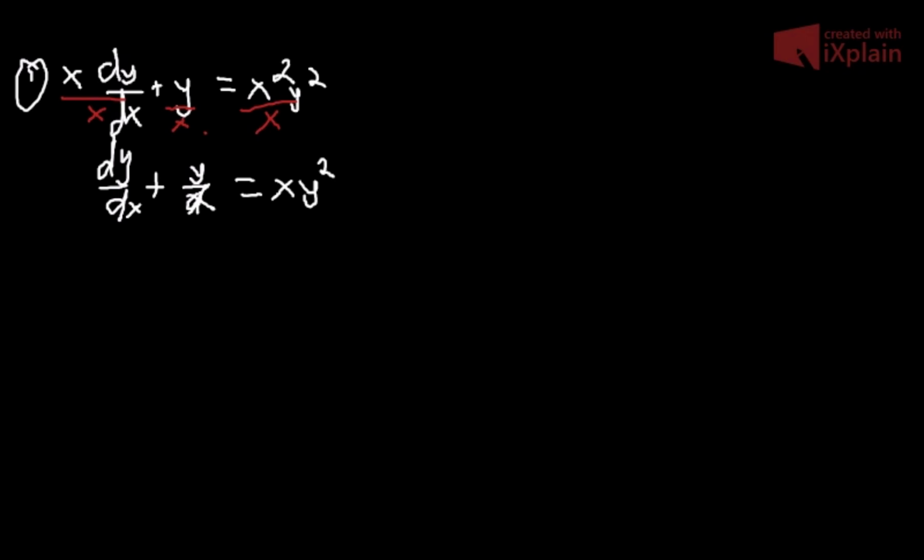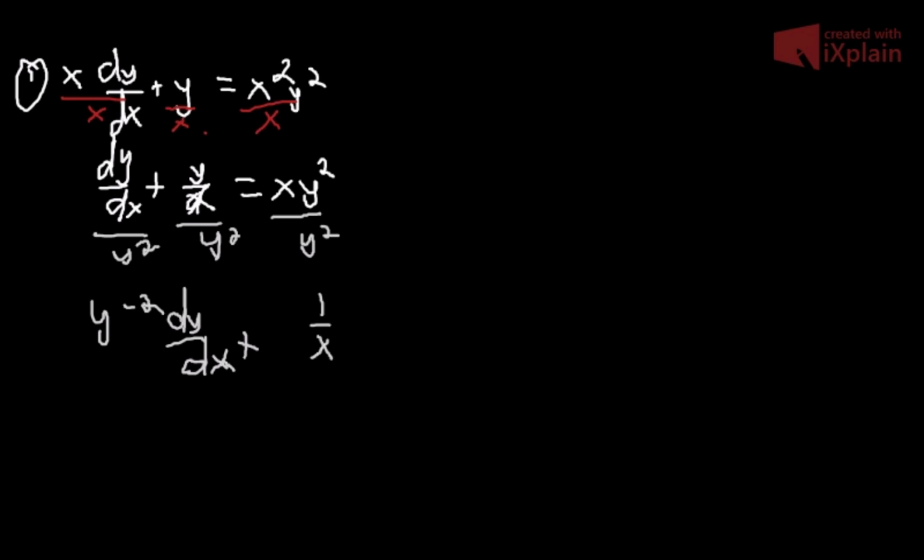Another thing that we need to do is to divide throughout by y to the power 2. So we're going to have y to the power negative 2 dy over dx plus 1 over x times y to the power negative 1, equals x.